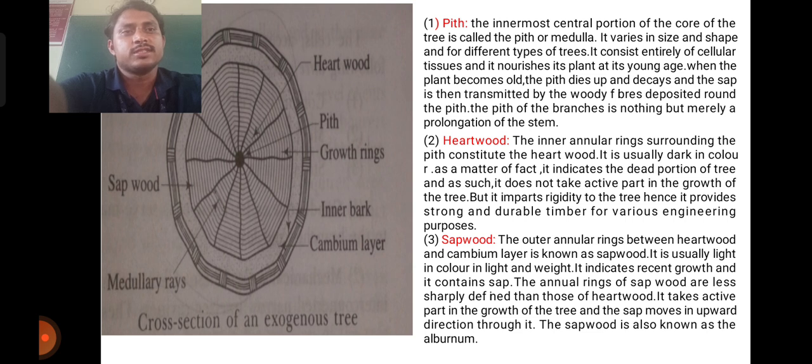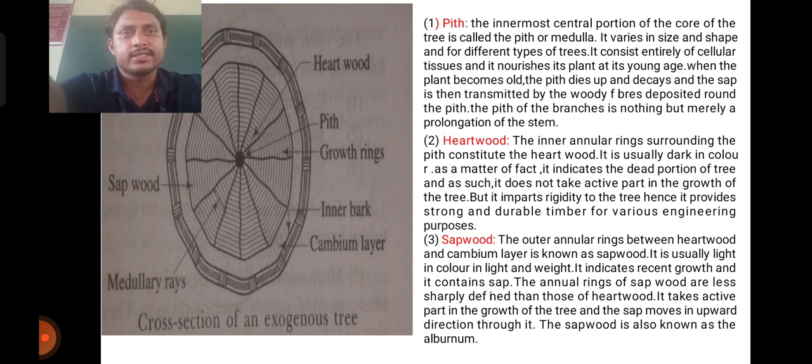Timber structures involve a lot of factors, including entire cellular tissues and wood fibers. So the central or middle portion of the wood is indicated as the pith. The second component in sequence is hardwood. Hardwood is nothing but the inner annual rings surrounding the pith.